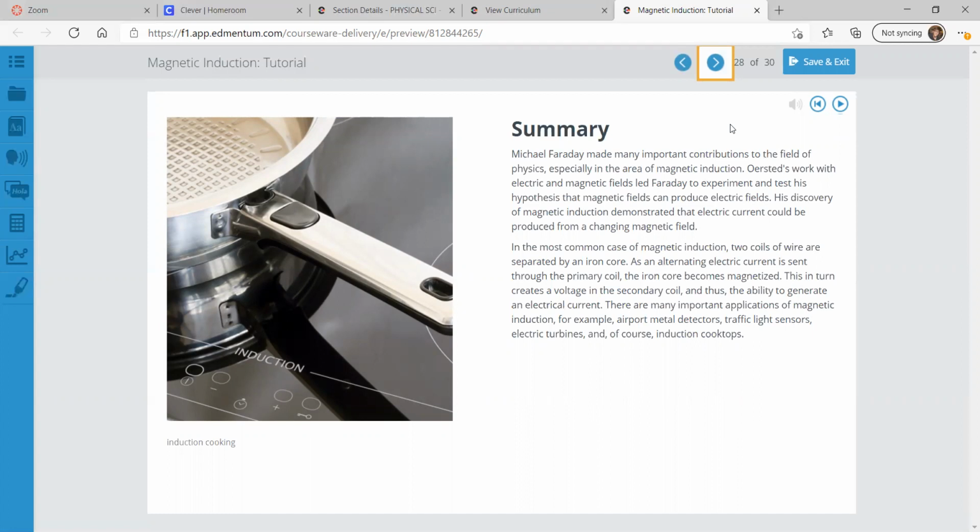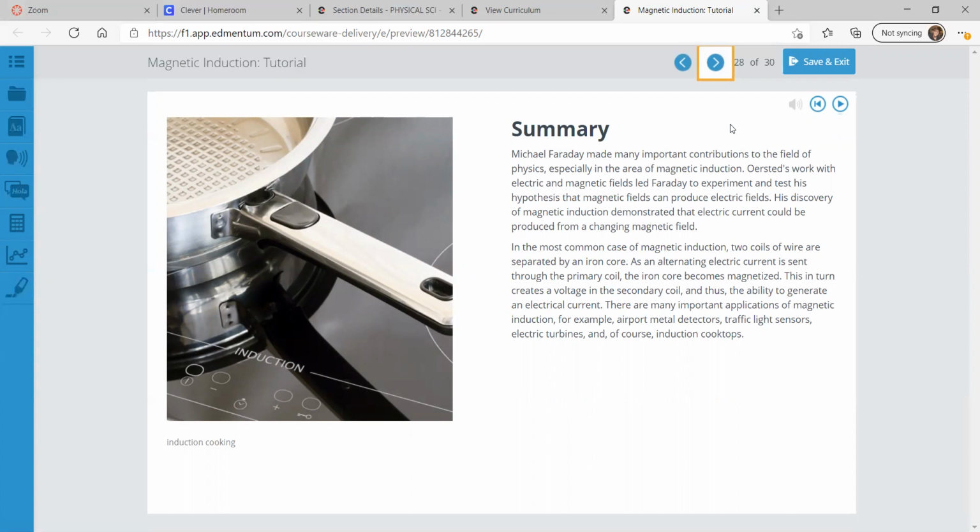His discovery of magnetic induction demonstrated that electric current could be produced from a changing magnetic field.